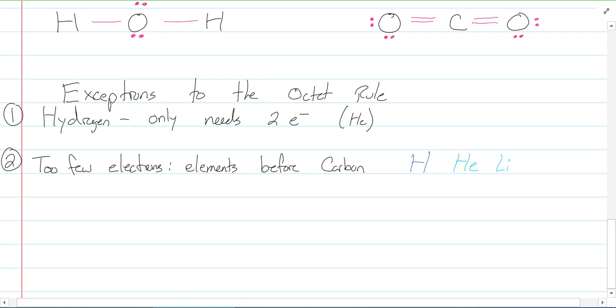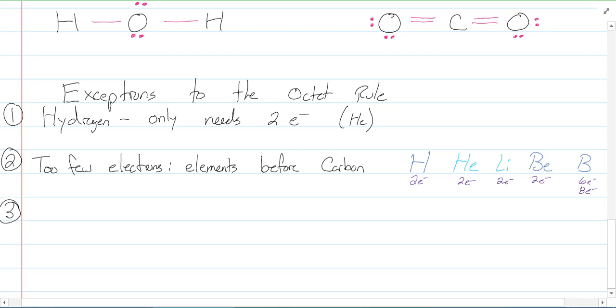We're going to have Li, which we won't really bond, Be and B. They can all have less than 8. Obviously, 2, 2, 2, 2. And B usually can have up to 6 electrons. It can have 8 electrons as well, so it'll do 6, it'll do 8.